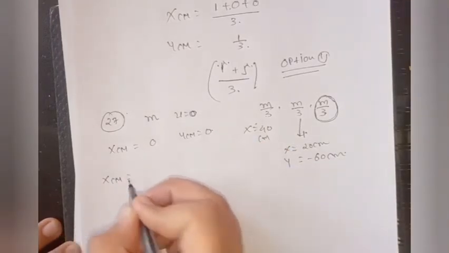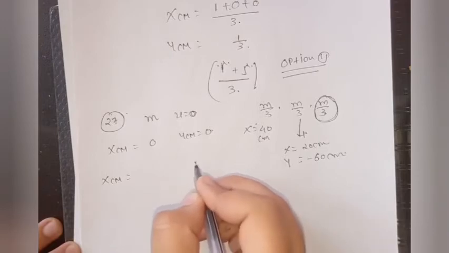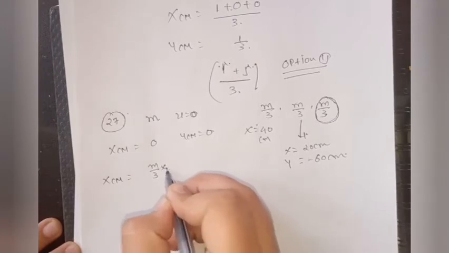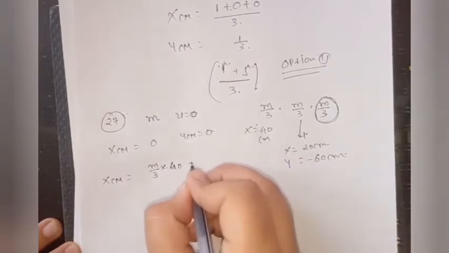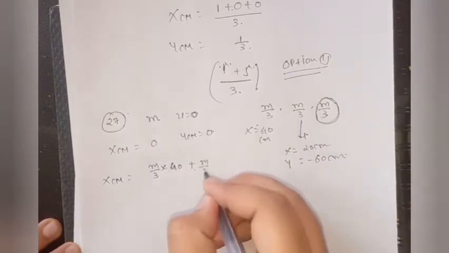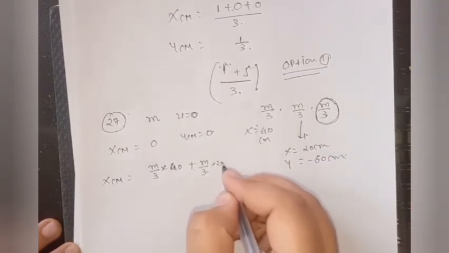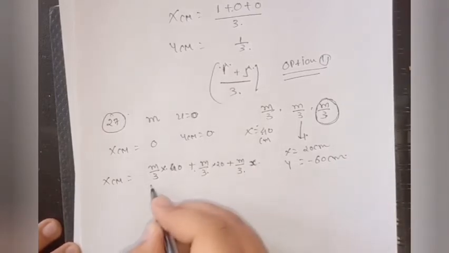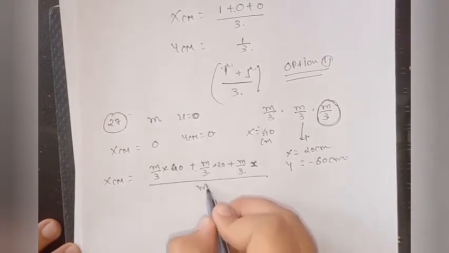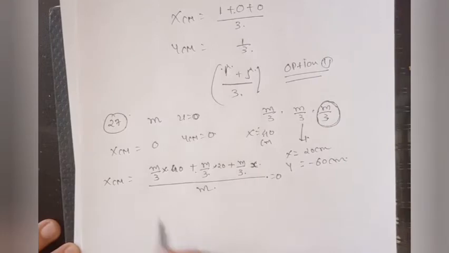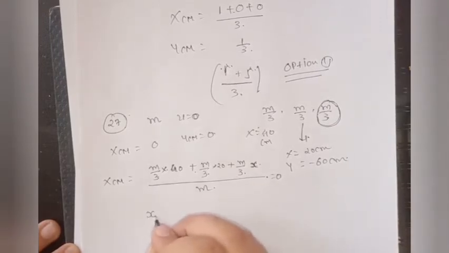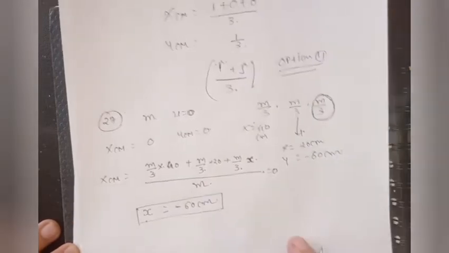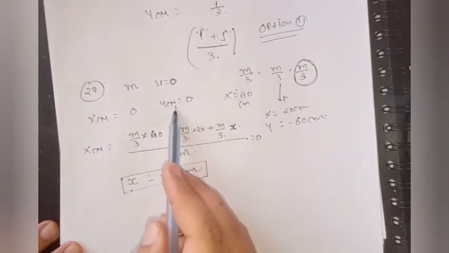We'll write the equation for xcm, that is (m1x1 + m2x2 + m3x3) upon total mass. m1 is m by 3 into its position 40, plus m2, that is also m by 3 into its position, that is 20, plus third m by 3, let's say its position is x, divided by total mass m, and this xcm is 0. By simplifying this, we'll get x equals minus 60 centimeter. Same way, writing for y-axis, ycm is also 0.